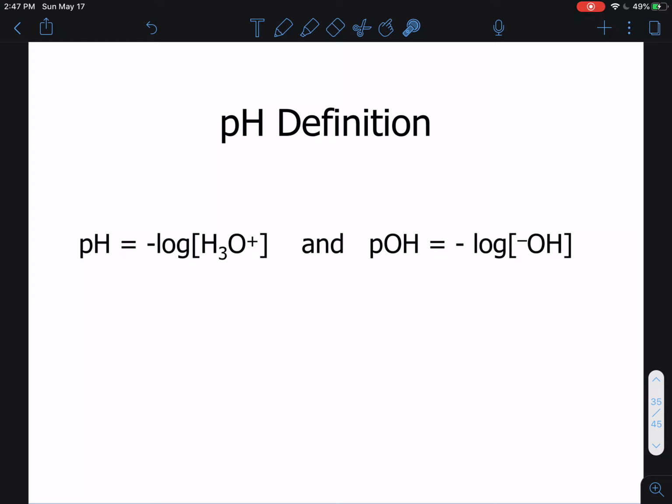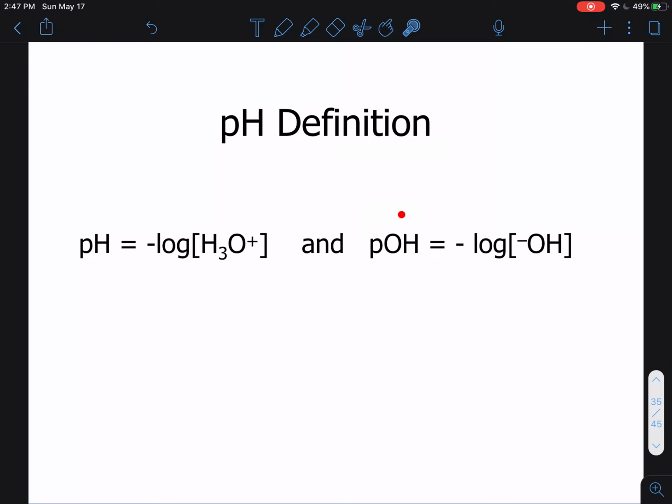So we can use pH in a calculation very easily. I like these pH calculations. If you were given the concentration of H3O+, you can calculate the pH of a solution by taking the negative log of that number. You can also do the same thing with the hydroxide anion concentration by taking the negative log of the concentration.